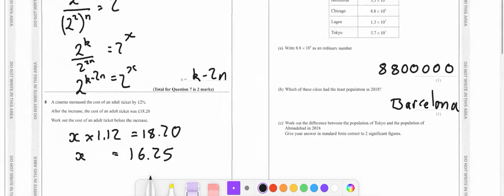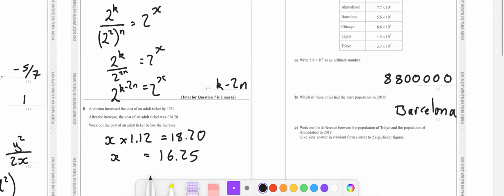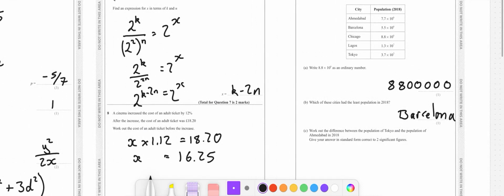Work out the difference in population of Tokyo and Ahmedabad. Not good pronunciation. Okay, easiest way is just to put this into your calculator. 3.7 times 10 to the power 7 minus 7.7 times 10 to the power 6.